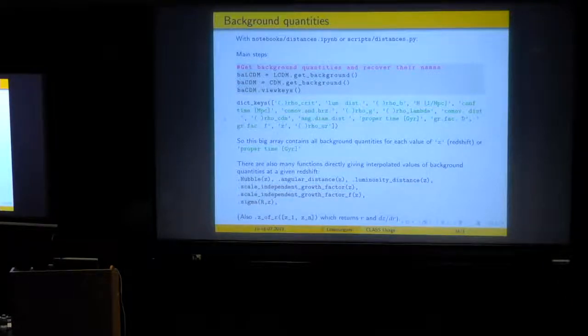For the background, it's get_background. So I have already computed my lambda CDM cosmology and my Einstein-de Sitter cosmology. For each of them, I do a get_background, no argument needed, and the code will produce a big array that contains the evolution of background quantities with time.